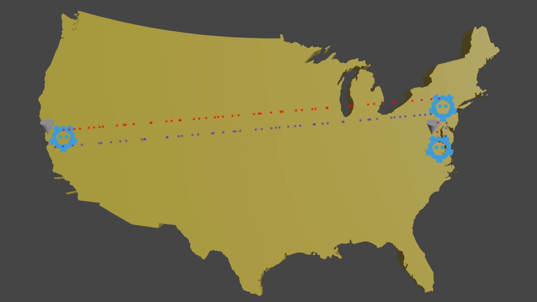Because we have to write that value all the way to the West Coast, and then we have to wait for the response. And again, that 85 millisecond latency is a theoretical minimum.